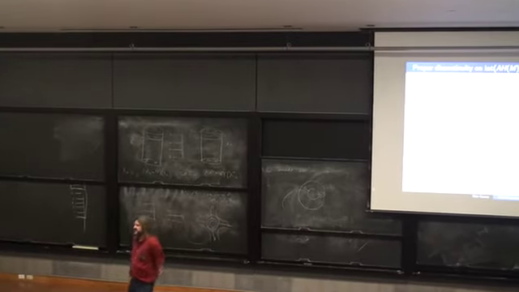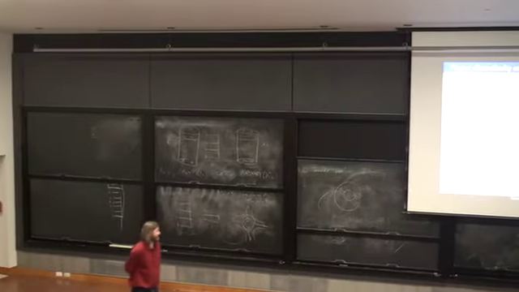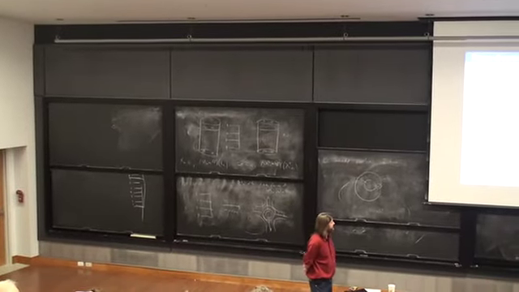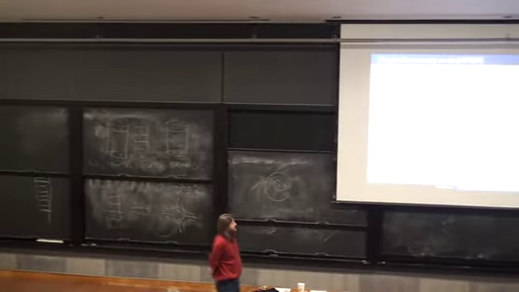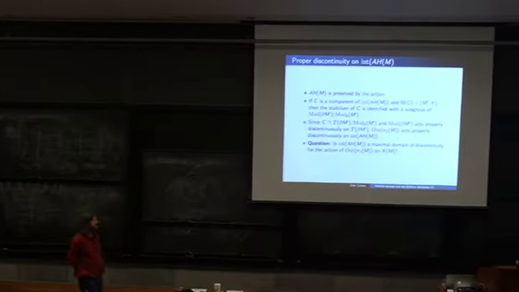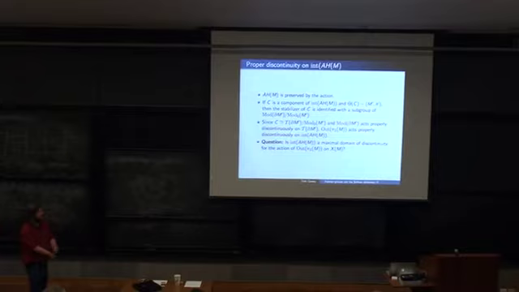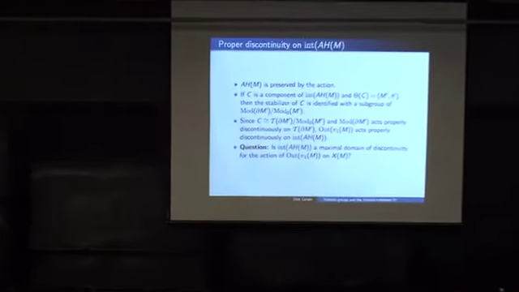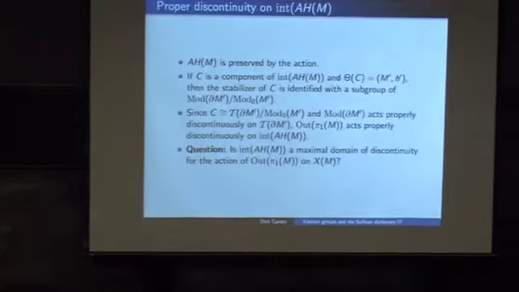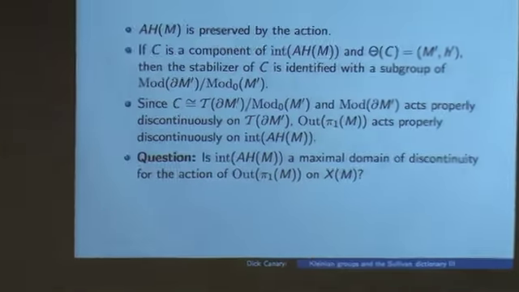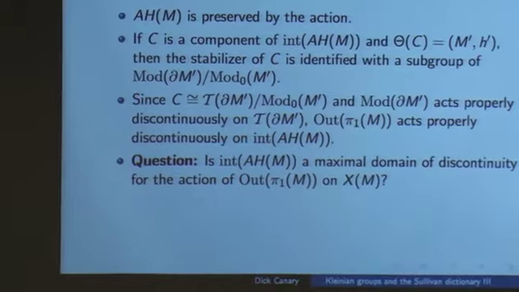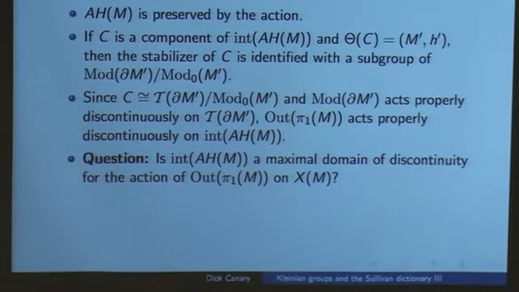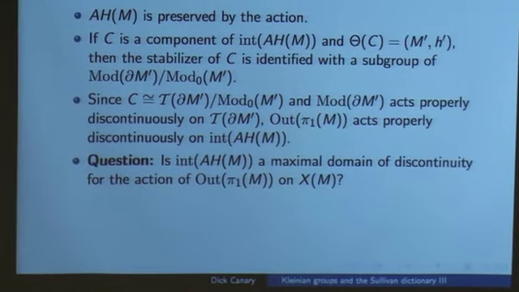Well, one thing you can say pretty quickly, using all the stuff we just did, is that if you have a component in the interior, and its marked homeomorphism type is M prime H prime, then the stabilizer of that component is just identified with a subgroup of the mapping class group of the boundary. Okay? Well, the mapping class group of the boundary acts properly discontinuously on Teichmüller space, therefore, Out of pi 1 M acts properly discontinuously on the interior.